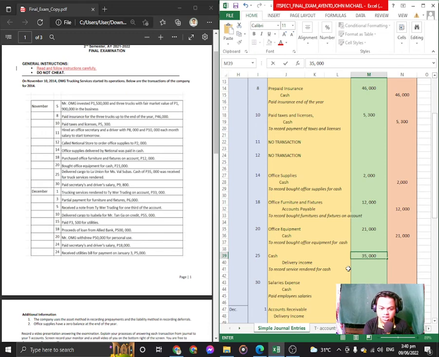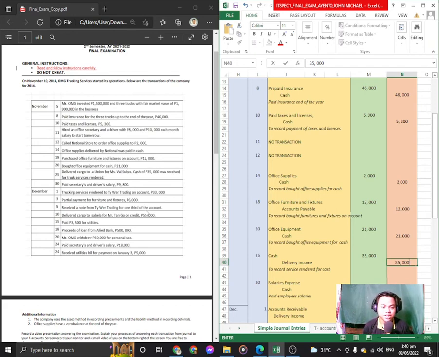And what do we call the cash he received for delivering? For our credit, we call it delivery income, with the amount of 35,000 pesos also, to record the service rendered for cash. Now we're going to jump to November 30.